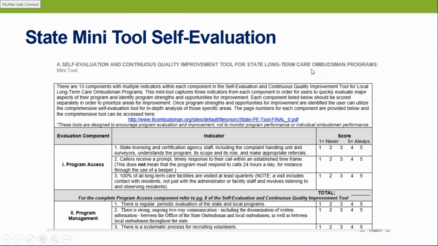I think we have a couple of webinars that we've done on this topic, and I will send the links out to those to everyone.